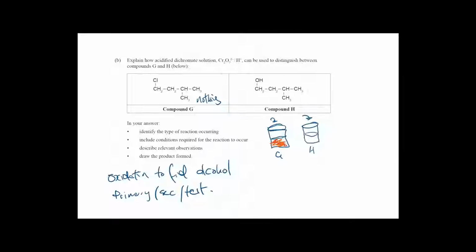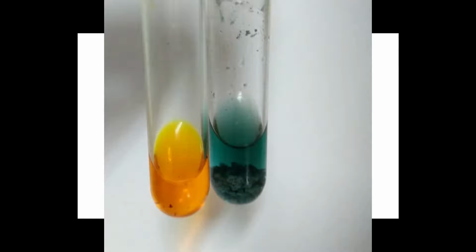When we put in the alcohol and mix it, it's going to turn green. It's a really quite clear distinction between something and nothing. If it turns green, it's either primary, secondary, or tertiary. We can never work out using the shade what type of alcohol it is. So here's a picture of one. As you can see, it's pretty easy to see which one is which.